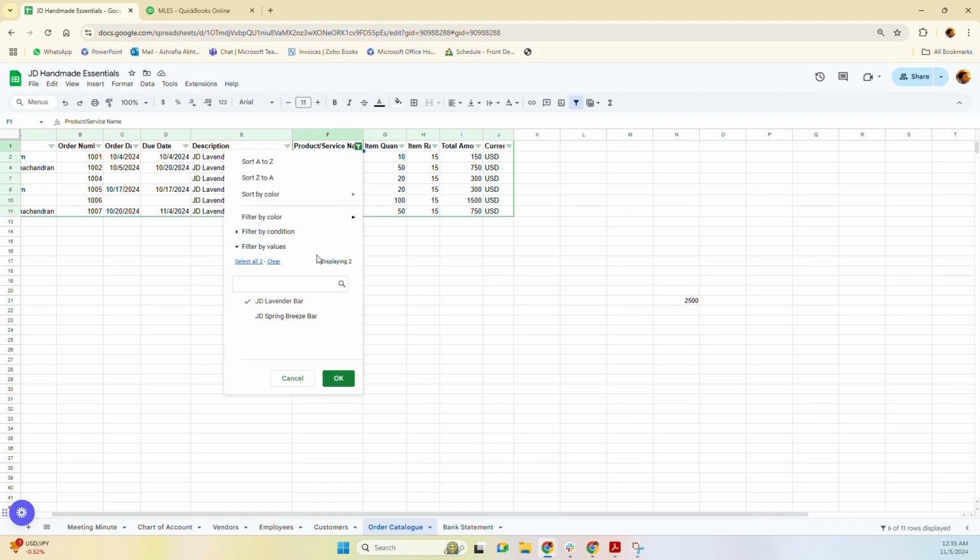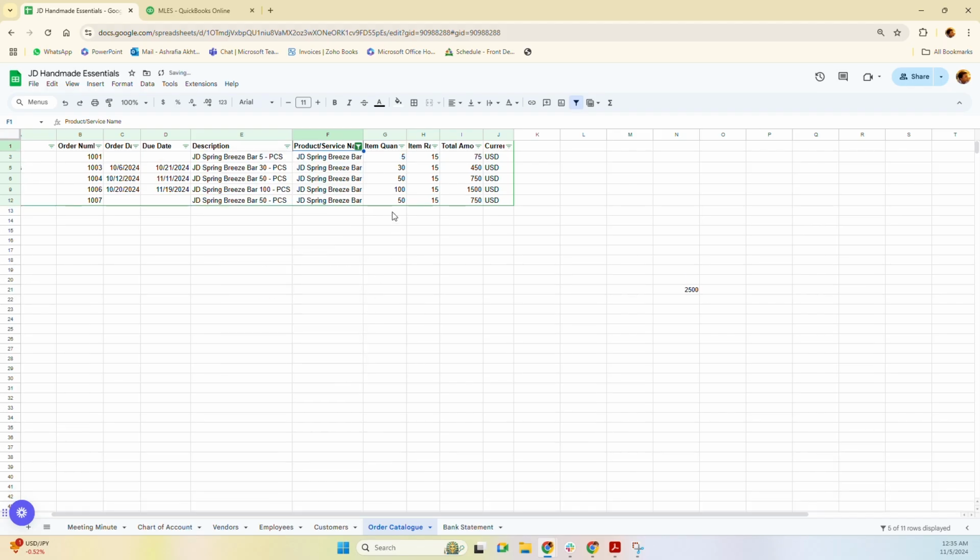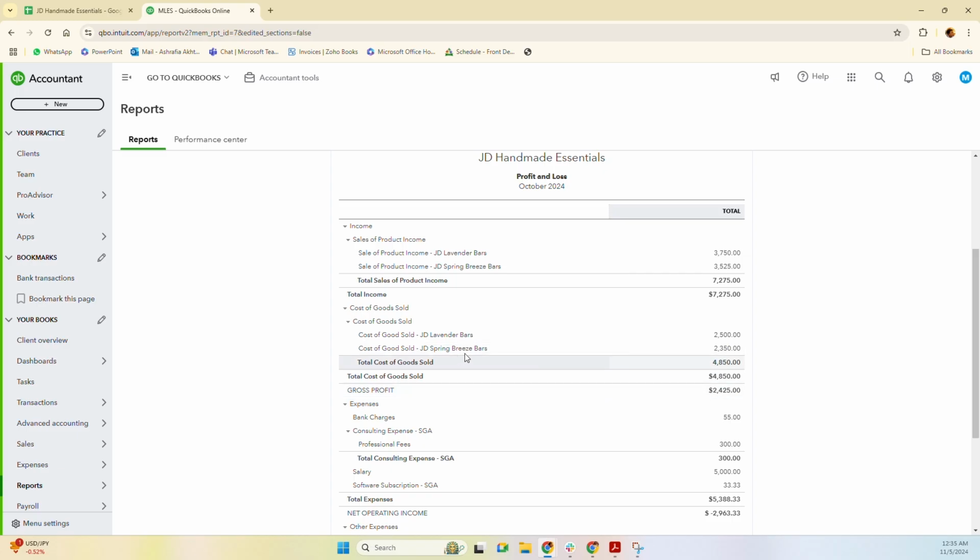Similarly, if we filter out spring breeze bars, the total quantity sold is 235. Once again, 235 times 10 per bar is 2350. Total 4850. Does that match our P&L? Yes, it perfectly does. So this is our cost of goods sold.